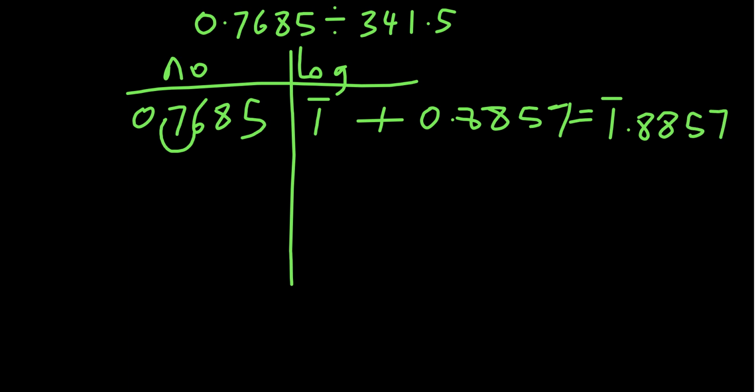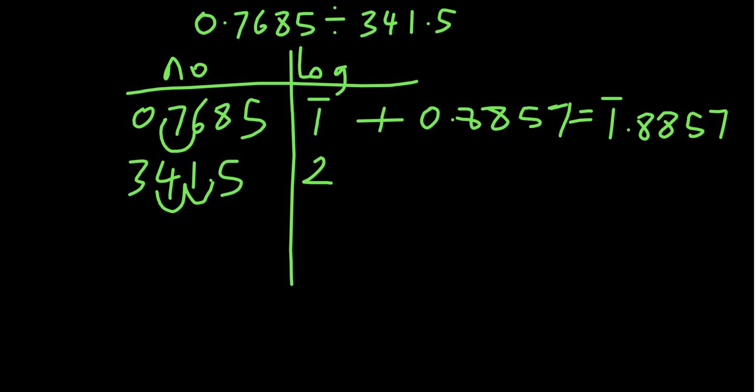So the second number is 341.5. To make it a standard form, 1, 2. So this is 2. Remember, we are moving to the left, so it is positive. The easiest way to know a number that is going to give you a negative bar and a positive bar: if the number has a 0 before the decimal point, know that it is going to give you a negative bar.